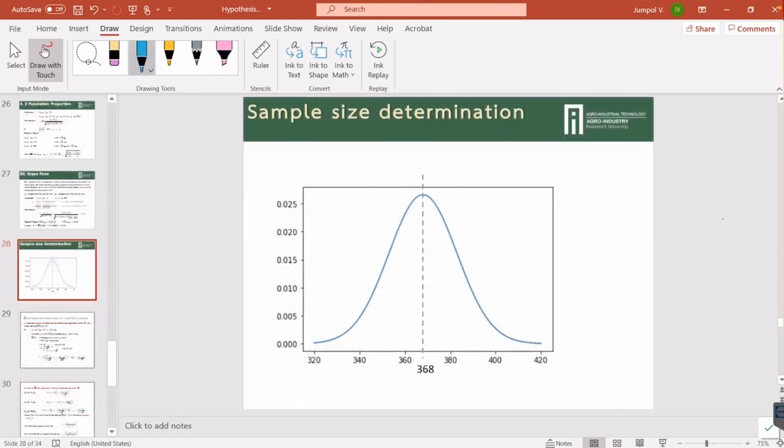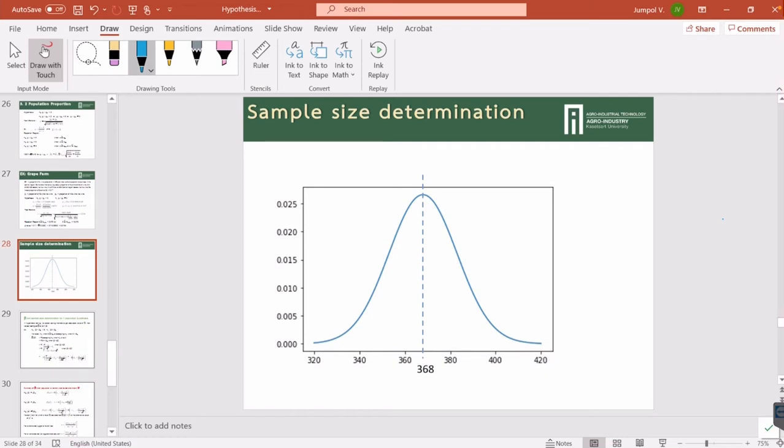For the sample size determination, let's take a look at this example. In this graph, we know that the average of something will have a normal distribution or t-distribution with a shape like this.